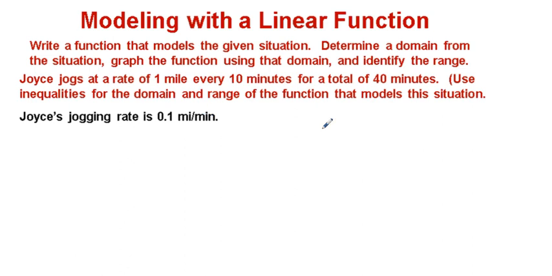How do we find that? We put 1 mile divided by 10 minutes, and that's equal to 0.1 miles per minute.